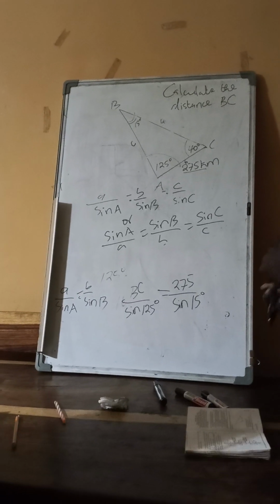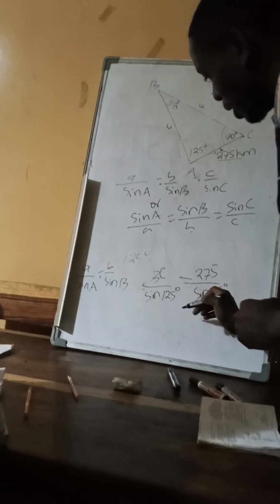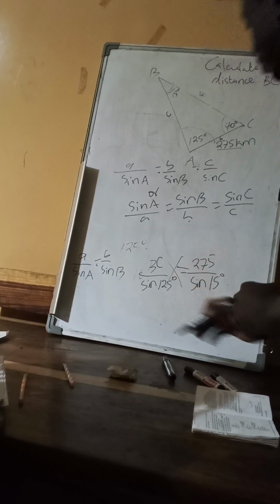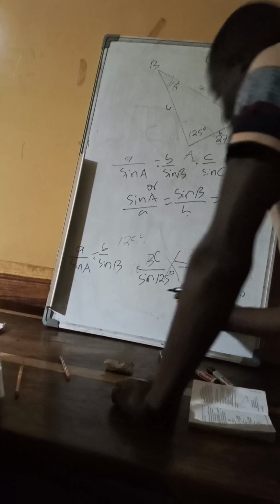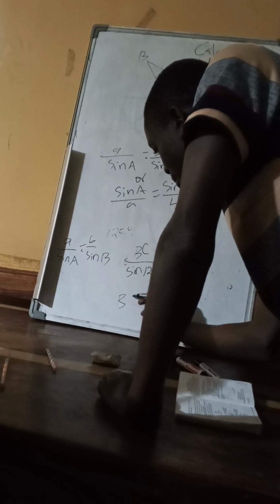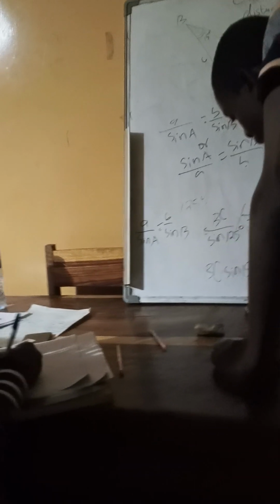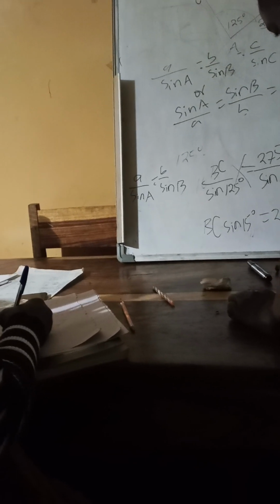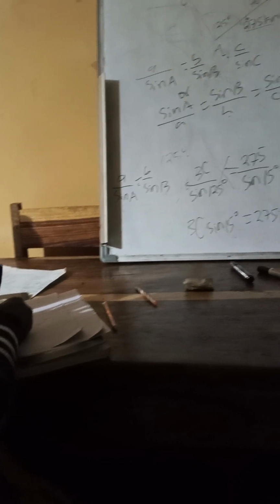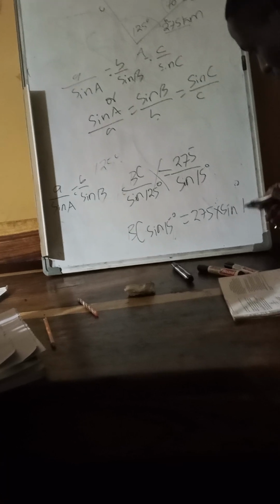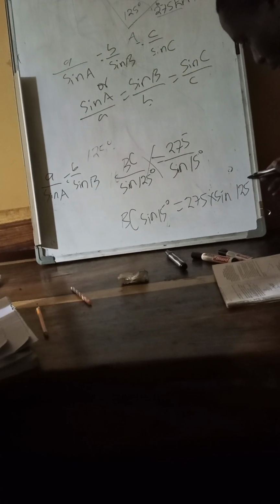Okay? Then from here, we can cross multiply. BC times sine 15 is equal to 275 multiplied by sine 125 degrees.